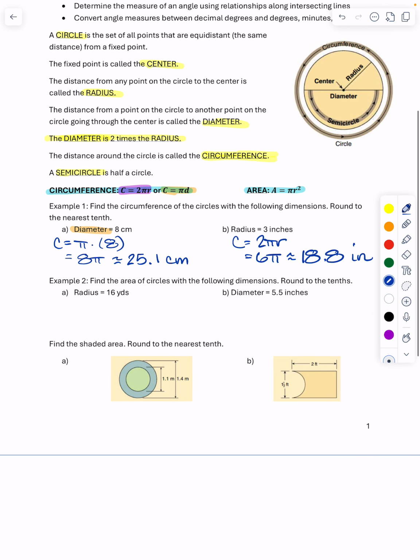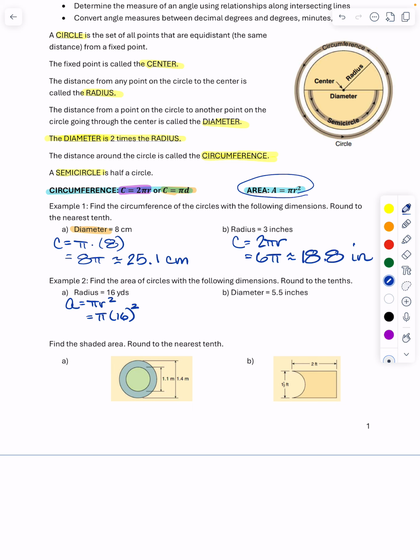Example 2, we are finding the area. Notice that we only have one formula for area. Area equals pi r squared. Pi is that relationship that we find in circles. It's the relationship between the circumference and the diameter. So here we've got pi times our radius squared, 16 squared.